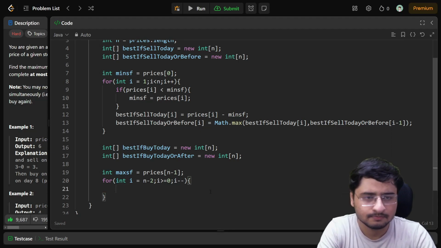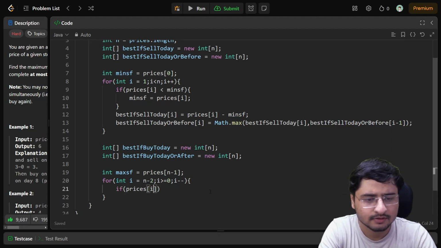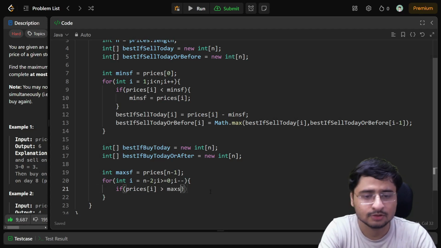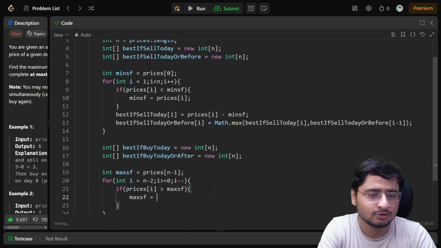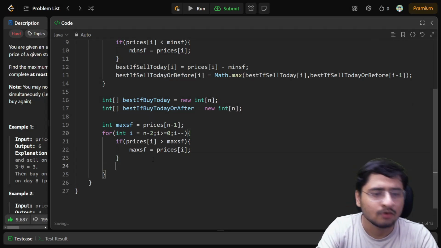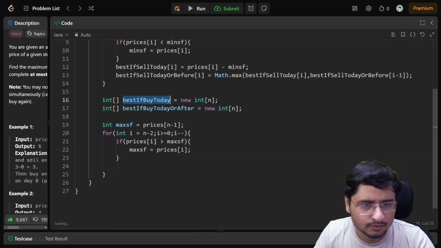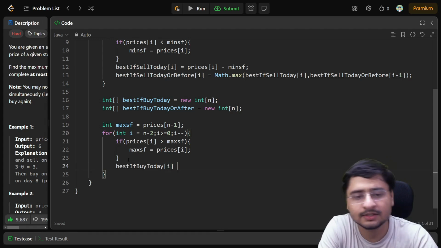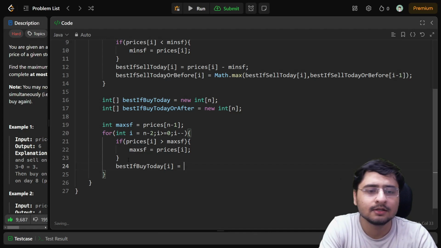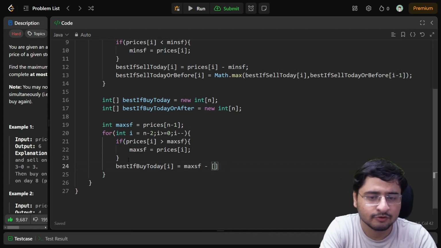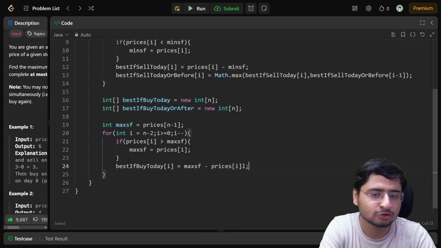So here, same explanation. If prices of I becomes more than max so far, because we want to keep track of the maximum here, we're simply going to do max so far is equal to prices of I. Right, great. Now, we wanted to know what is the best if I want to buy today itself. If I want to buy today, max so far minus prices of I. Since I'm buying today, that's why I'm keeping prices of I in negative.